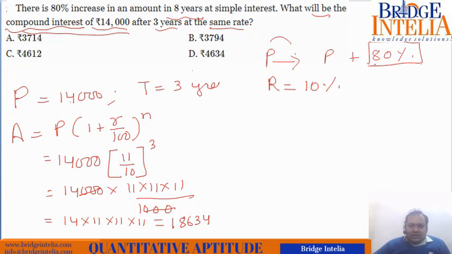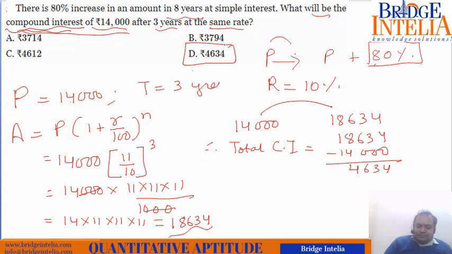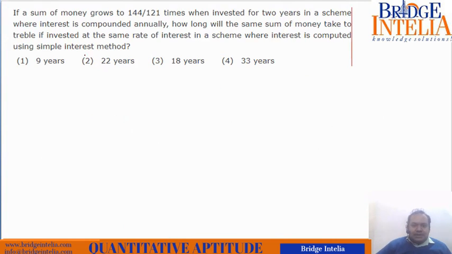So you deposited 14,000 rupees, but you are going to get back 18634. So this extra money is the compound interest. Therefore, the total compound interest that you have earned is equal to 18634 minus 14,000. So that comes out to be equal to 4634. Let's move to the next one.